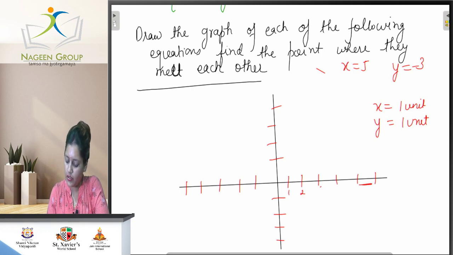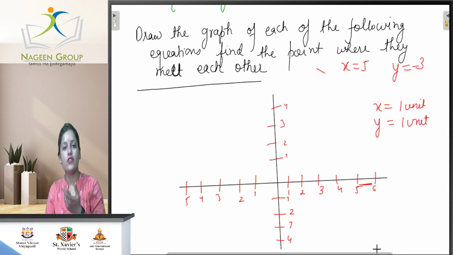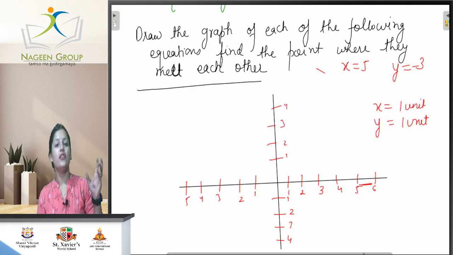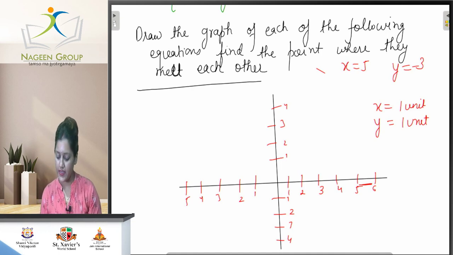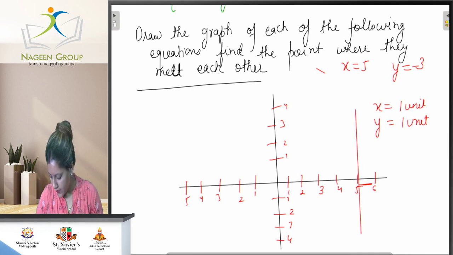When x is equal to 5, then it is parallel to what? It is parallel to the y-axis. So the line is this.